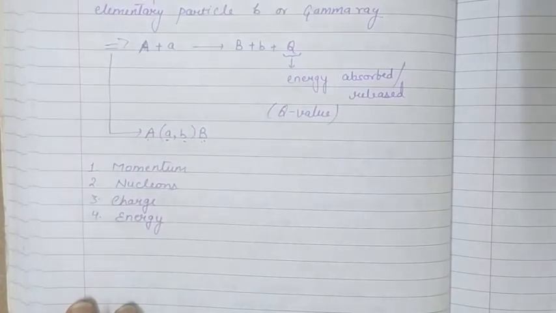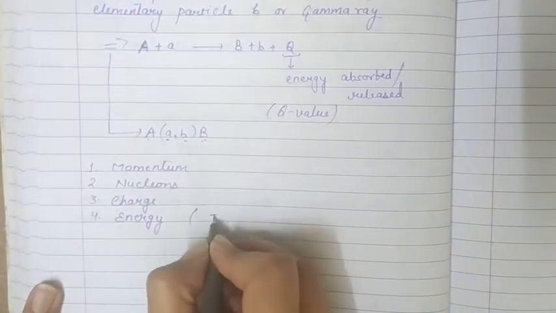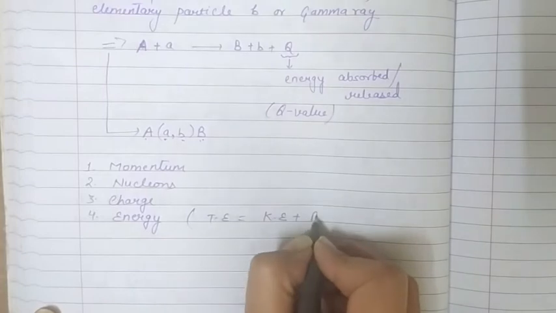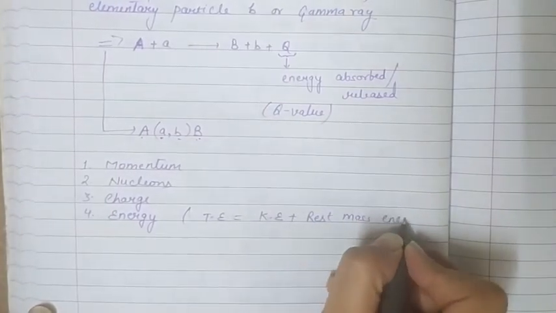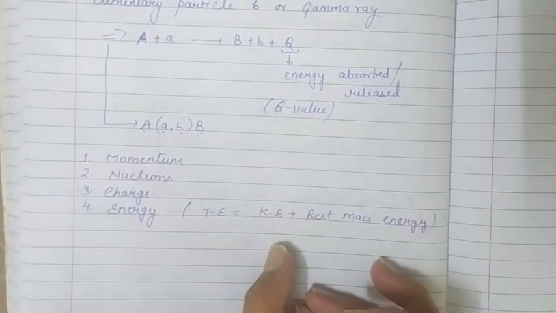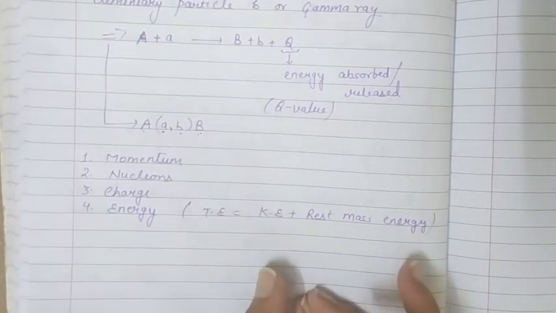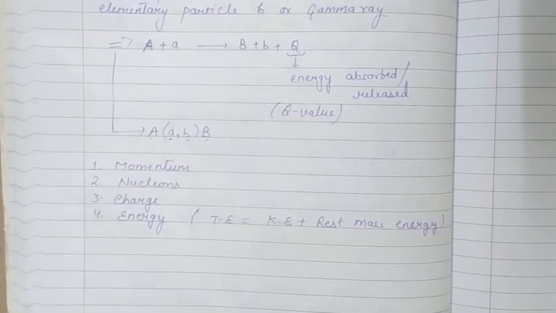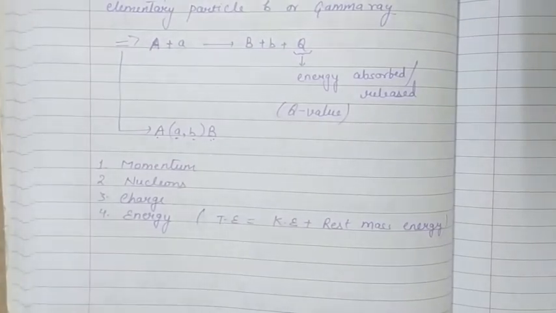The total energy comprises kinetic energy plus rest mass energy. So the sum of kinetic energy plus rest mass energy for products as well as reactants remains the same.